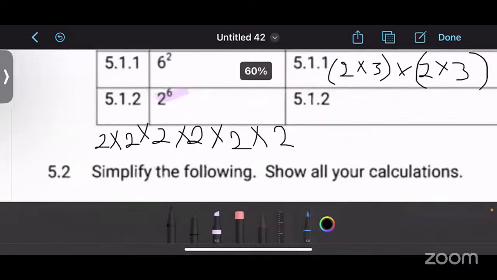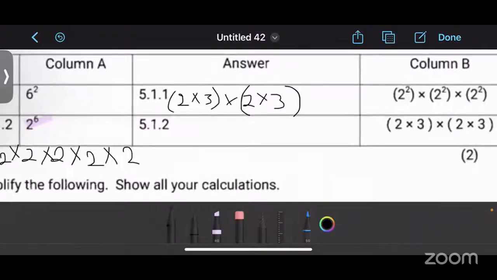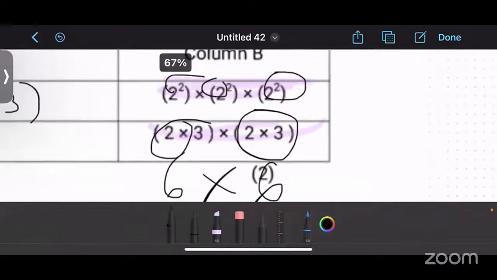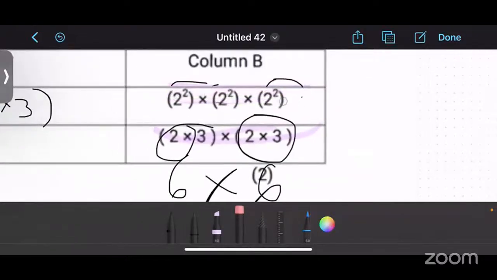So now if you look here, we have 2 to the power of 2, 2 to the power of 2, 2 to the power of 2. What you can also note from here is the fact that these 2 to the power of 2's share the same bases. And we said when we are multiplying the same base, we add the exponents, right?